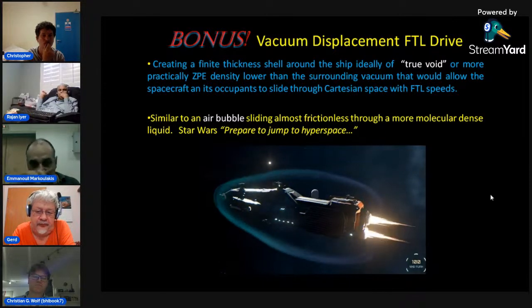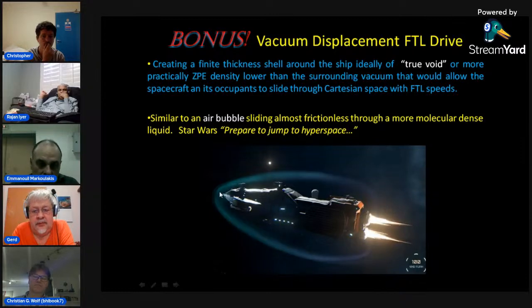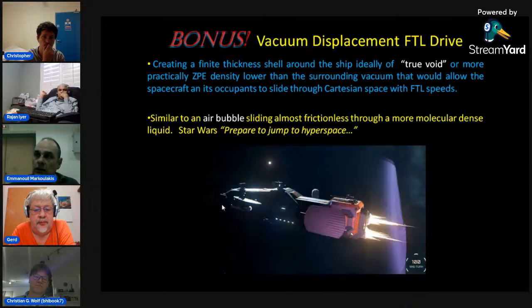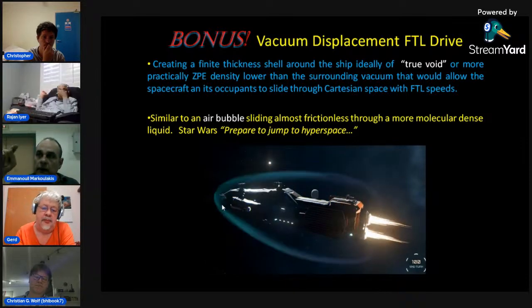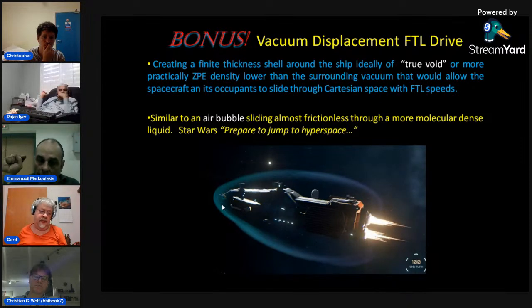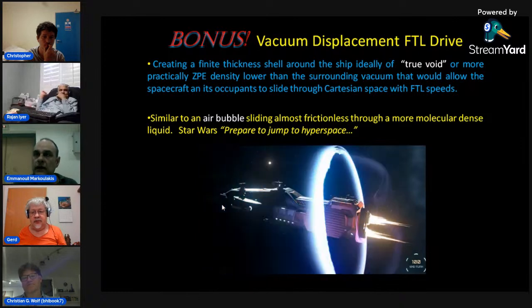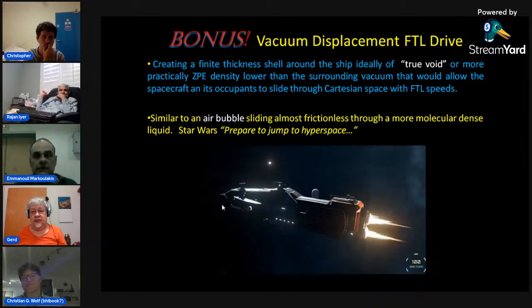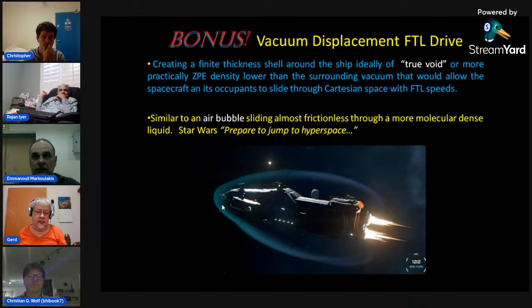An idea is to make the vacuum displacement field in front of the spaceship thinner, weaker, but very gradually, because if you are at FTL flight and you suddenly switch off the FTL drive, you will be torn to pieces because of the sudden regain in inertia.